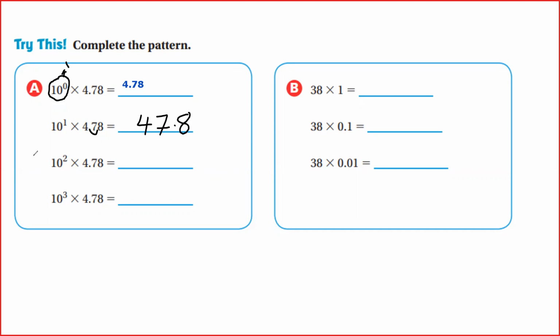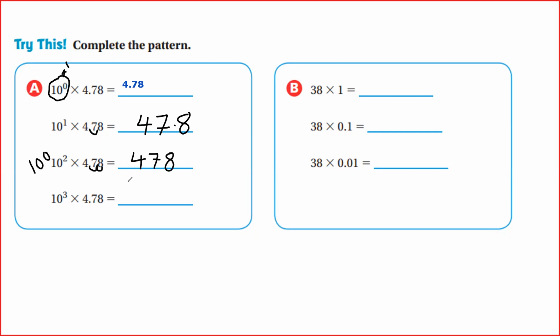It means 2 zeros, or 100. So we will move 2 digits. The 2 digits, it will be 478 and the decimal. So it's going to be 478.